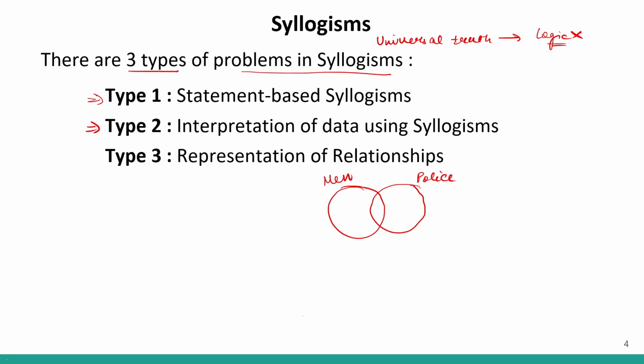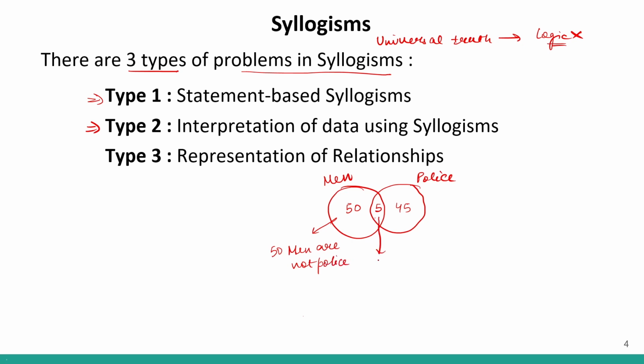It is given to us that we have a total of 50 men. Out of that, we have 5 men that work in police, and in total we have 45 police. Let us just say this is the data. So based on this data, I can interpret that 50 men are not police.